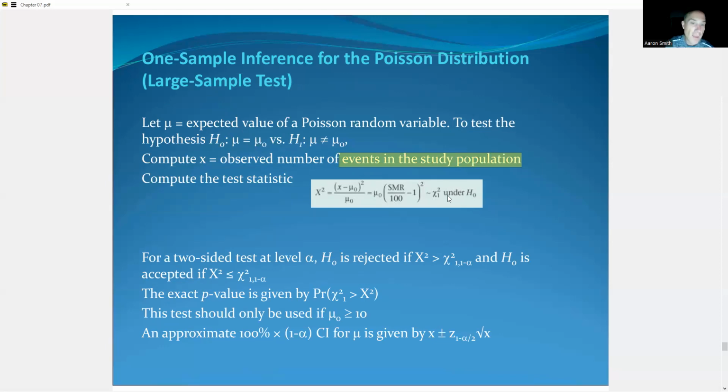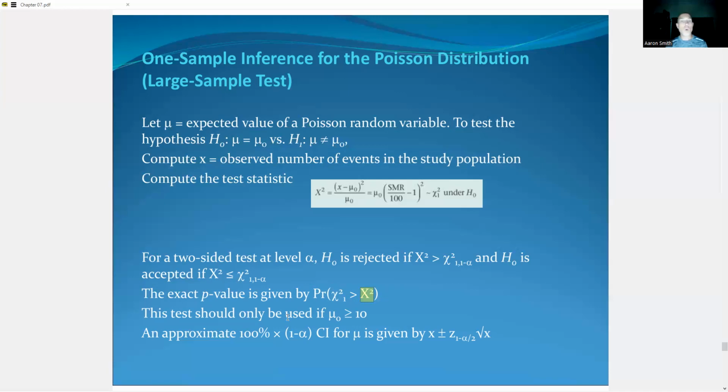For a two-sided test at significance level alpha, the null is rejected if I get a large enough x squared greater than a cutoff, and the null is accepted if my test statistic is less than or equal to the cutoff. The exact p-value is given by the probability that a chi-squared random variable with 1 degree of freedom is greater than the test statistic.